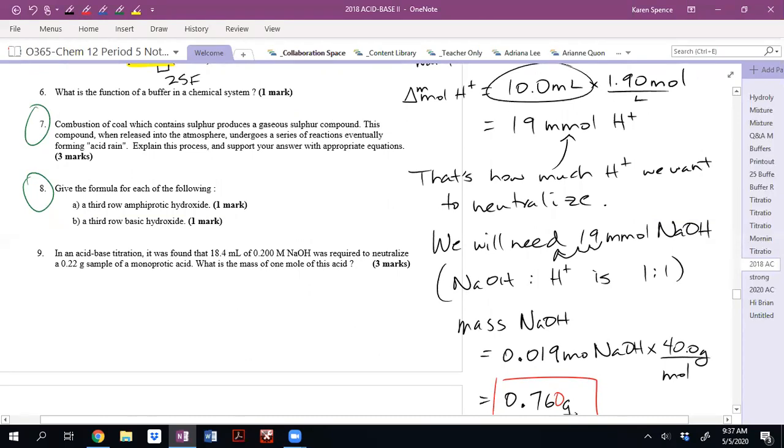Now, you are expected to know that in the combustion of coal, coal is mostly carbon, but it's not the carbon that causes acid rain. Carbon dioxide will react to produce carbonic acid, but it is the sulfur impurities that are responsible for acid rain.